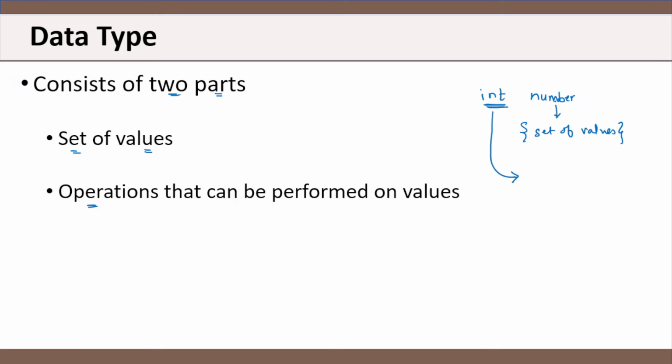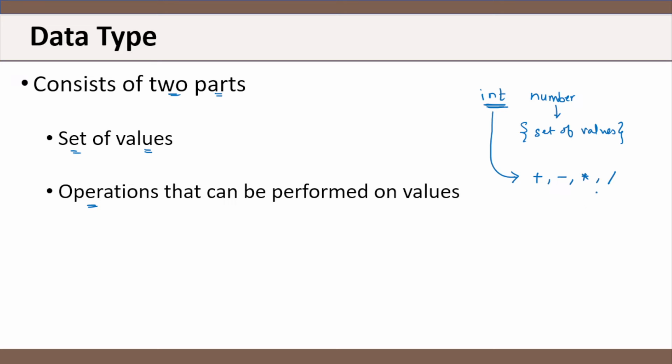So, if the data type of a particular variable is integer, this means that we can perform operations like addition, subtraction, multiplication or division on these integer numbers.